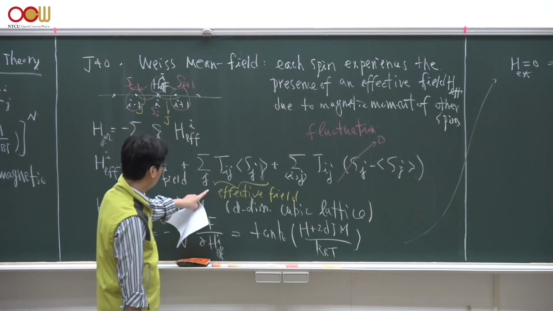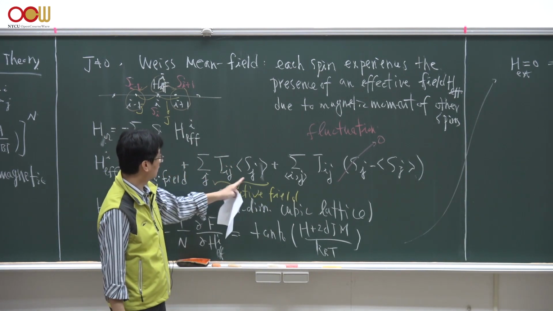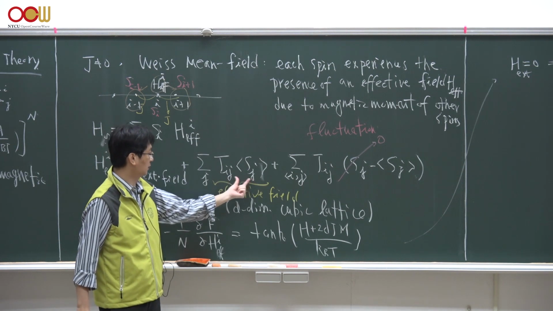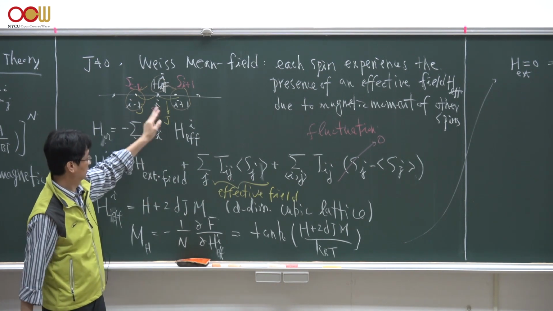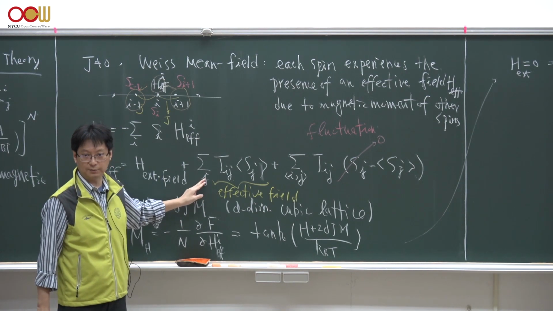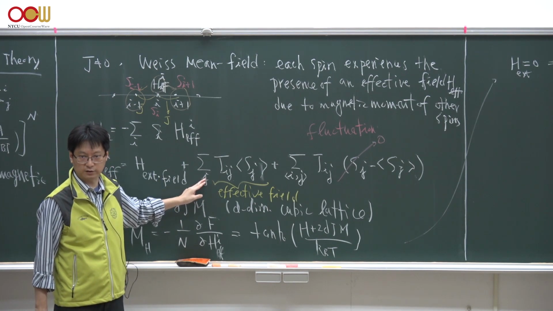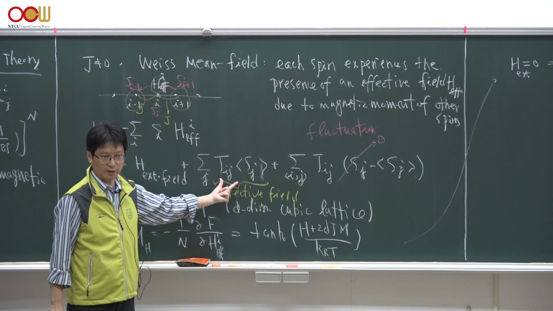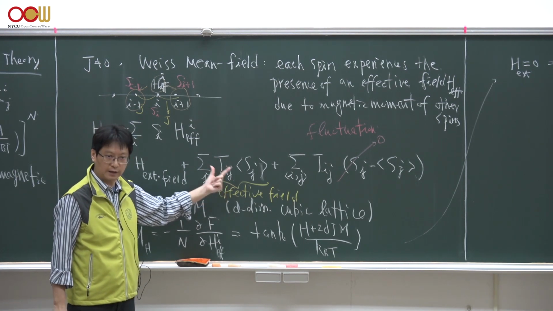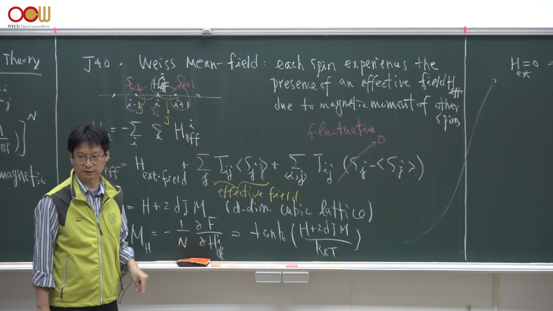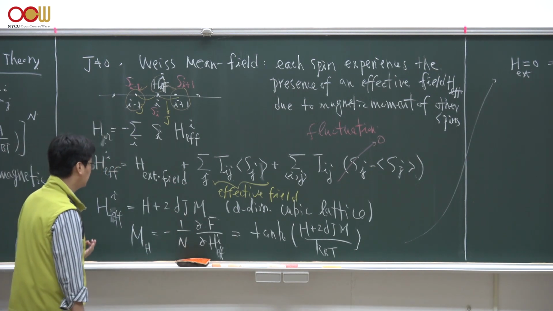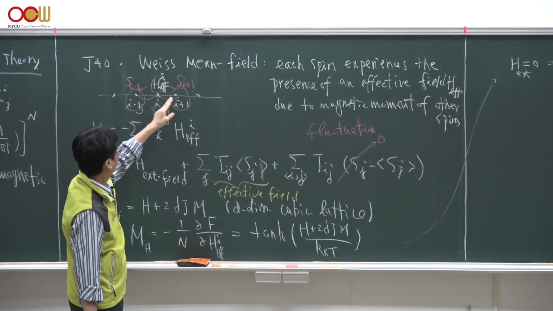We call this the Weiss mean field, which is nothing but the exchange couplings of the neighboring spins relative to the spin on site i. So you sum over all the neighboring spins j around site i of this Ising coupling term, which acts as if you applied an effective magnetic field on site i. The same Weiss mean field will be present for all the other sites.